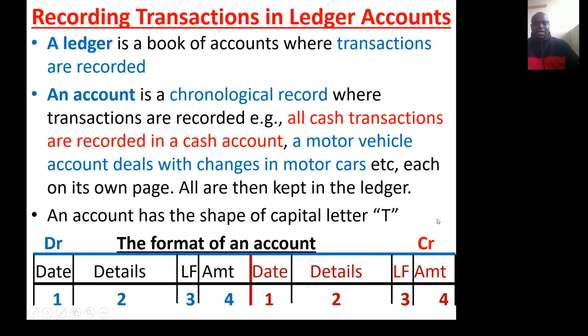And on the right-hand side of the account, we call that side CR or credit side. In each of these sides, we have the date column, the details, the ledger folio, and amount. So date, details, ledger folio, amount.